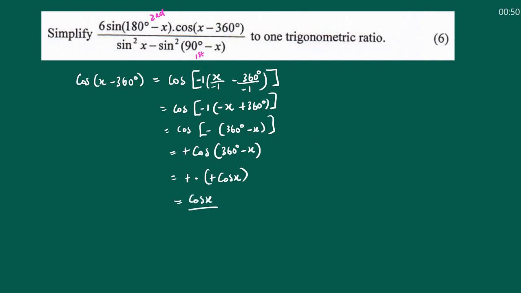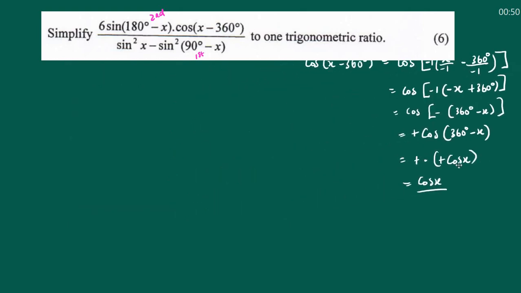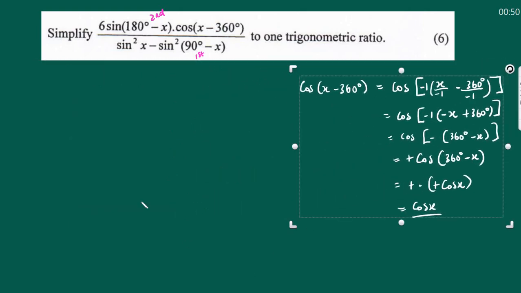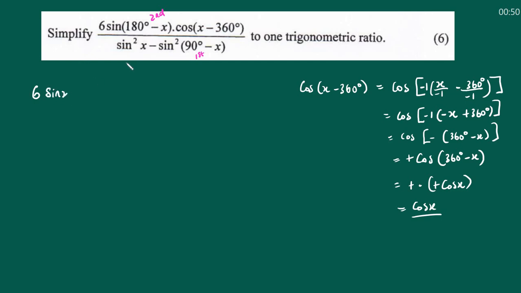So now that we know that it's simply cos x, we can go back to the question and substitute it in. So we are now going to say we have 6 outside, then sine 180 minus x, in the second quadrant sine is positive, so you can have sine x.